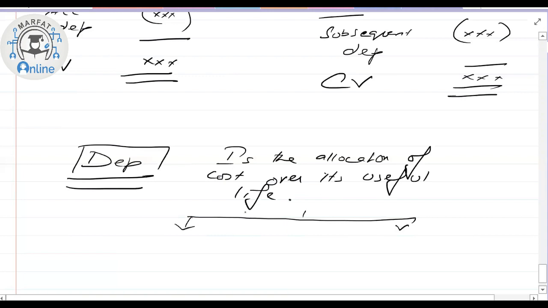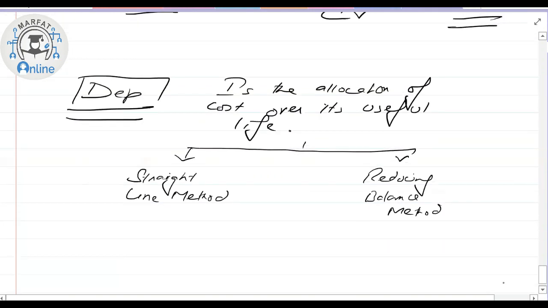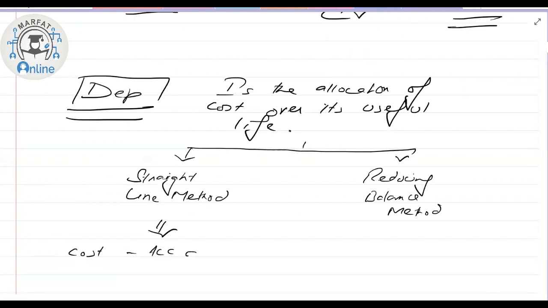and we have studied many times that we have two main methods of depreciation: straight line method and reducing balance method. Now straight line method means cost minus scrap value.